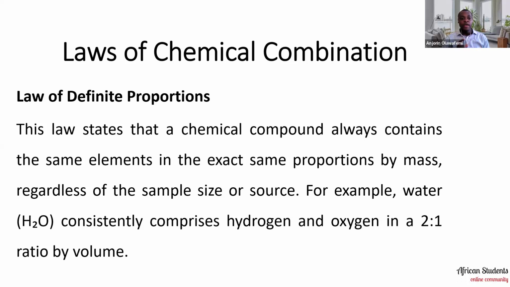I'll take that again for emphasis sake. The law of definite proportion states that a chemical compound always contains the same elements in the exact same proportions by mass, regardless of the sample size or source.